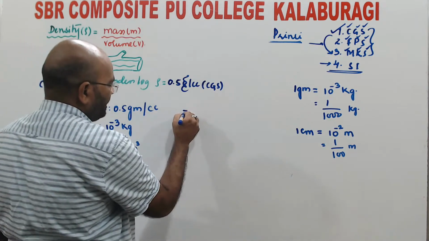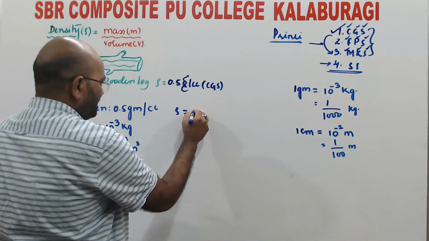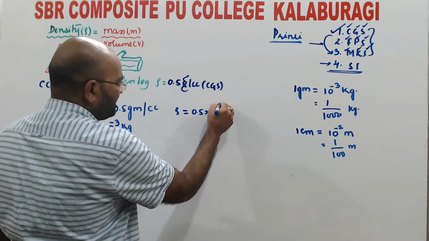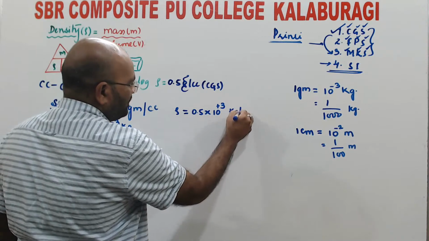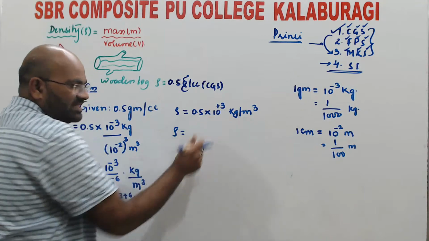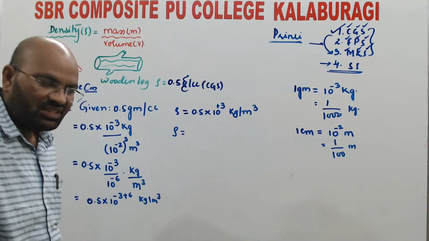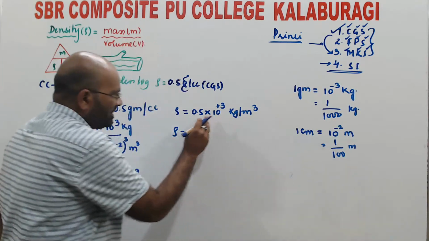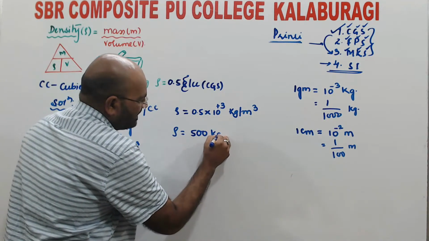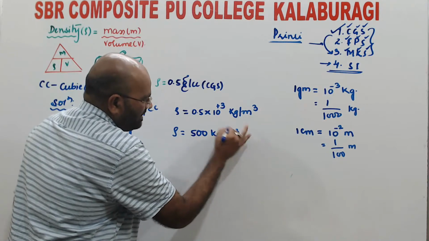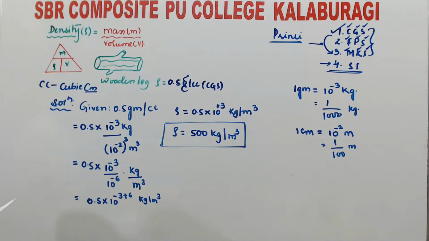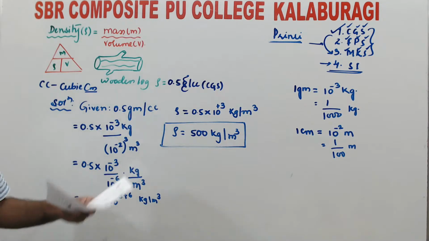Hence density is 0.5 into 10 to the power 3 kg per cubic meter. 10 cubed is 1000, and 1000 into 0.5 gives 500 kg per cubic meter. Hence, look at the options: option number first is the correct one.